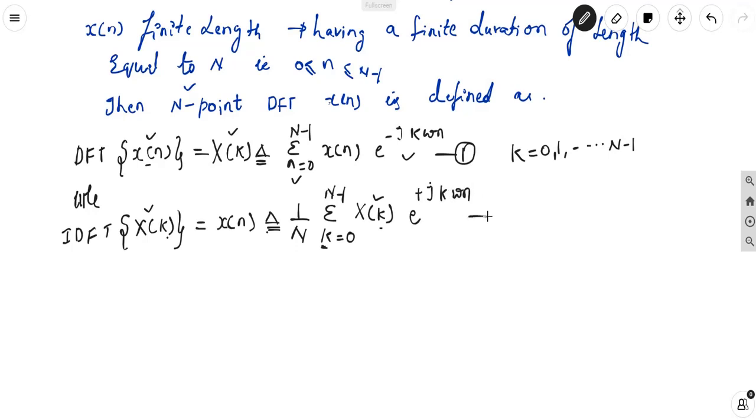This one is your equation 2. Already k we have defined, so we define n here: n is equal to 0, 1, up to n minus 1.